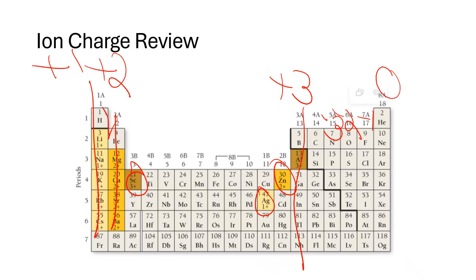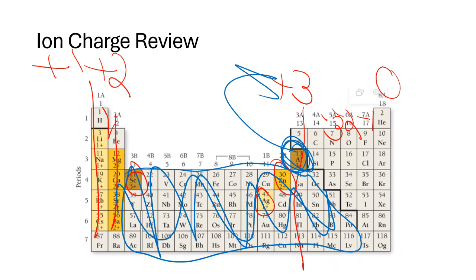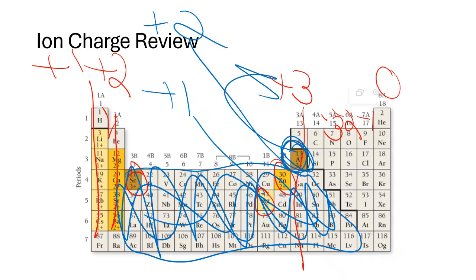And then we have aluminum over in group 13 forming a +3. And notice how all these metals down here where I'm shading in blue don't really have charges written on them, other than, again, silver is a +1 and zinc is a +2.